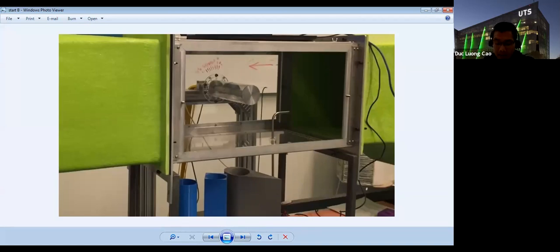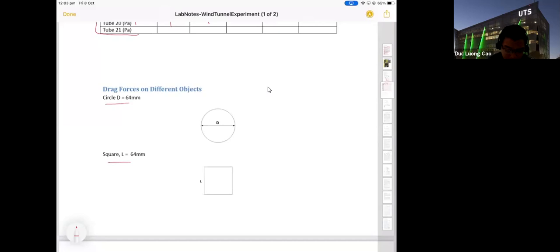For part B, we have 5 objects here. For part B, drag force on different objects.